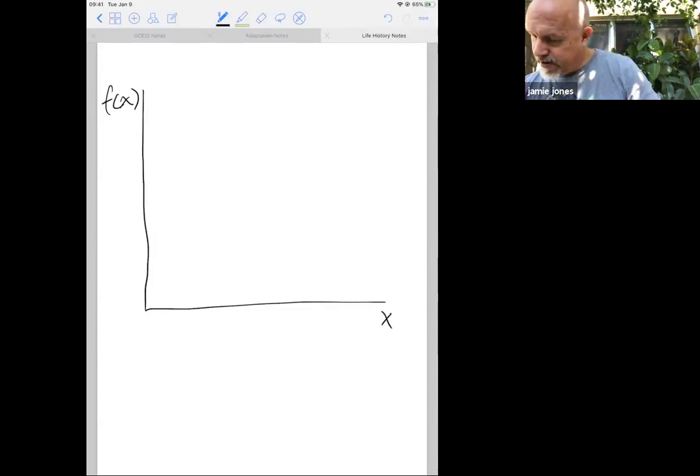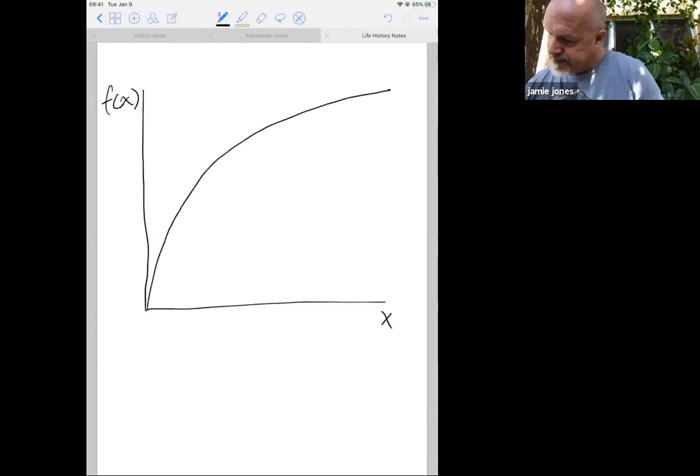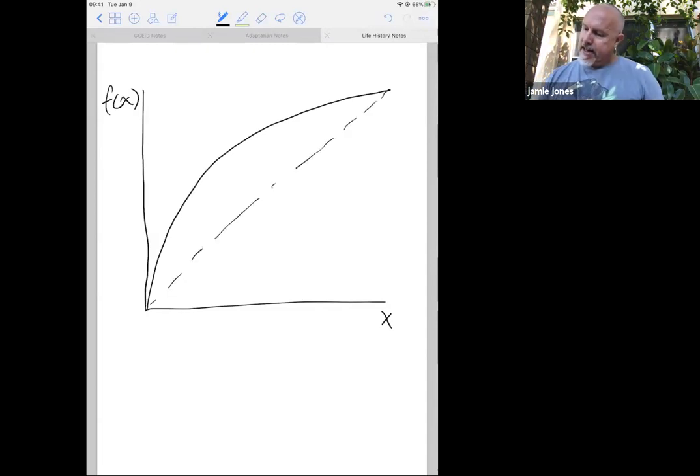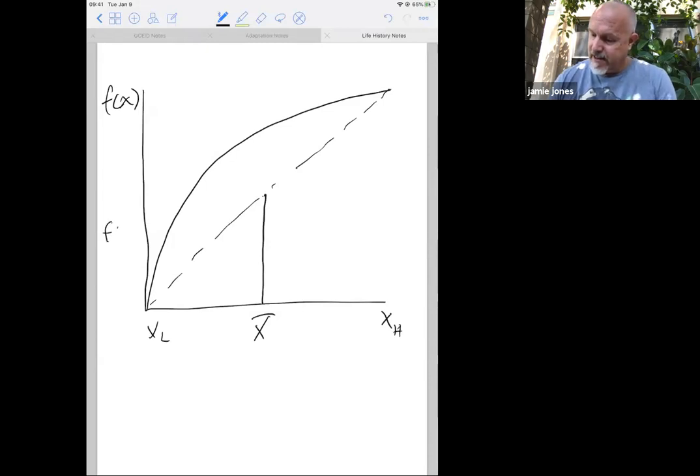Let's draw our curve again. Dotted line, the chord that connects them, and we have x bar, x_h, x_l. Draw from x bar up to the point on this chord, which is the mean fitness. Up here somewhere is the fitness of the mean return.